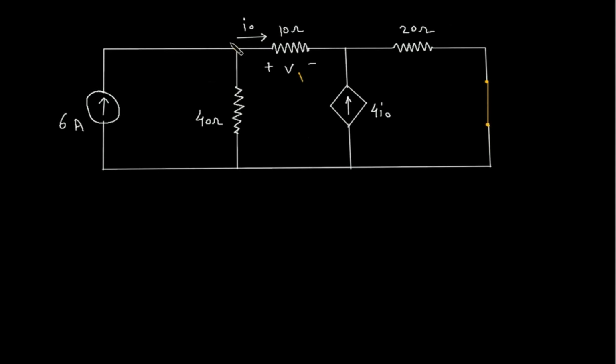Now let's say this is node VA and this is node VB. Let's say this is the reference node, which is grounded with 0 voltage. Let's say this is current I1, this is current I2.